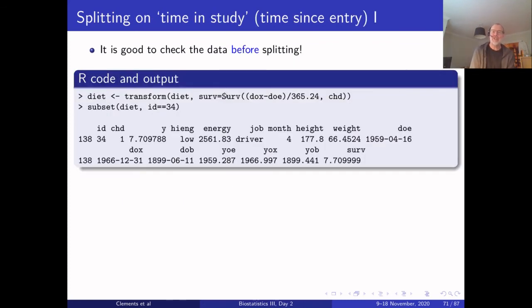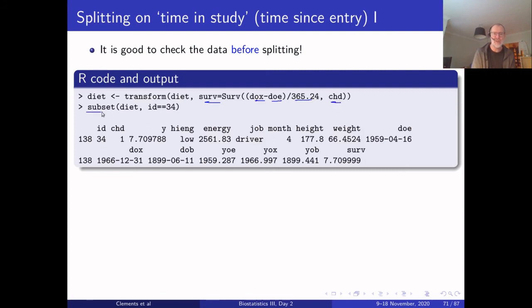Before you actually split data, it's really quite useful to check the data before and after splitting. So we've got the diet data, and we transform it again to calculate survival as date of exit minus date of entry divided by 365.24 for CHD events.